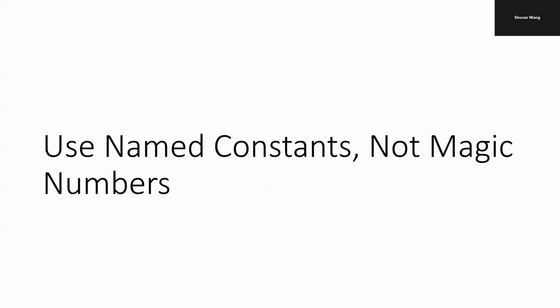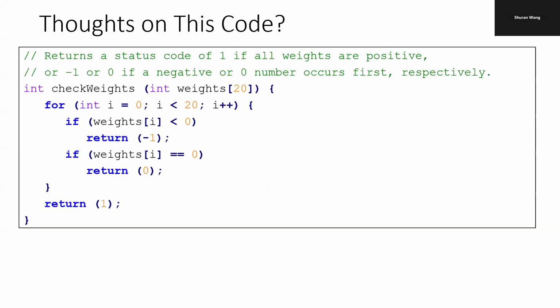Now, the next thing that's very important for coding style is to use named constants, not magic numbers. Every year, I see a lot of magic numbers, even though we're emphasizing this to the students. What does this code do?